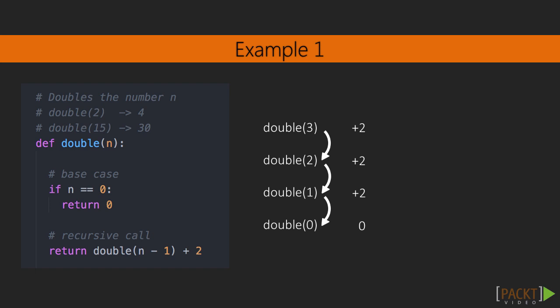And then once we hit 0, 0 is our base case, which means we are finished doing recursive calls, and now we go back up what's called the call stack and sum up our values of 2. So we get 0 plus 2, 2 plus 2, 2 plus 2 plus 2, which gives us our answer of 6. And now we have effectively recursively doubled 3.